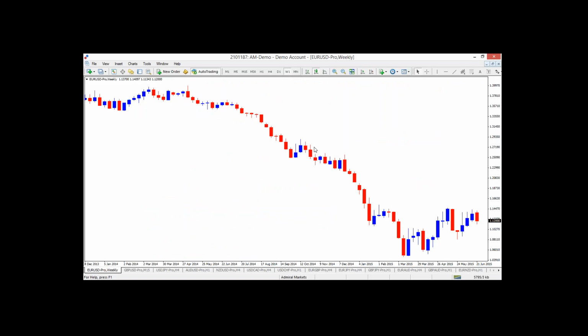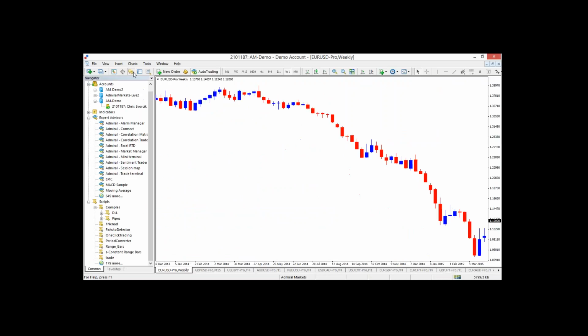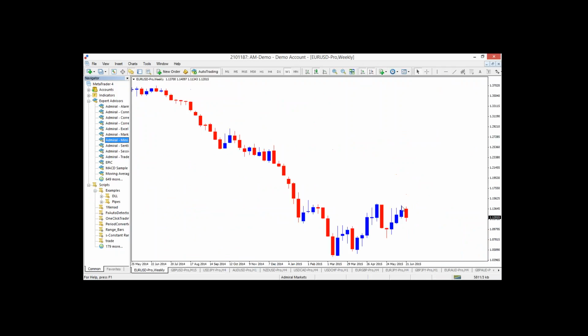Euro dollar weekly chart. Let's take a look at this from a long-term perspective. We know that the Euro dollar has been pushing upwards, but now it's not being able to break 115. 114.75 has been too much of a headache. We did have a couple of bullish candles, but this is already the fifth candle.